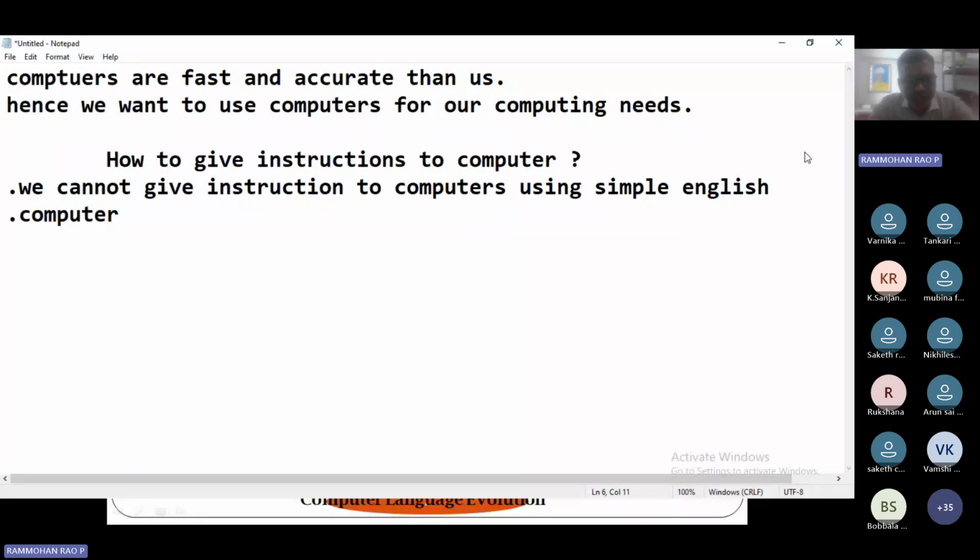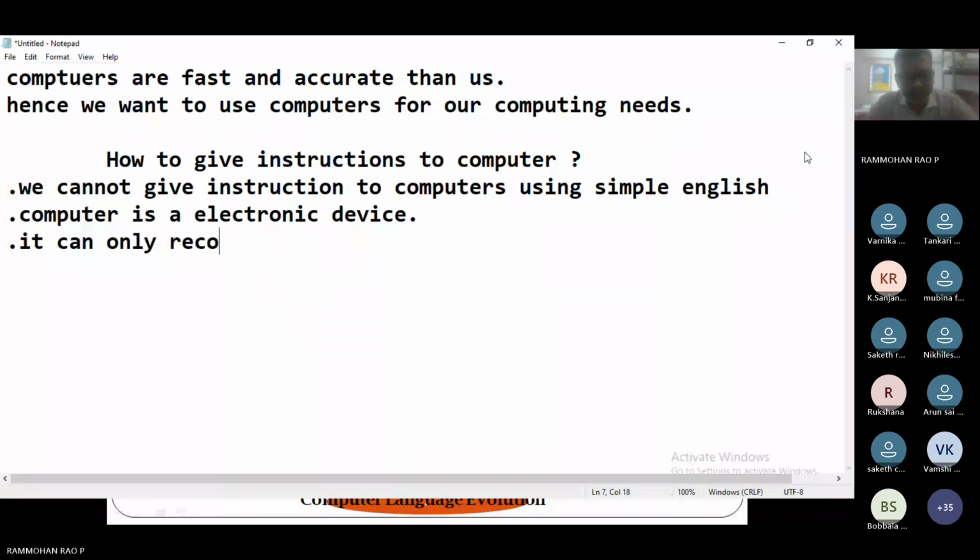You have just now seen that a computer is an electronic device. What do you mean by this? Since it's an electronic device, what it can recognize is the presence or absence of voltage.